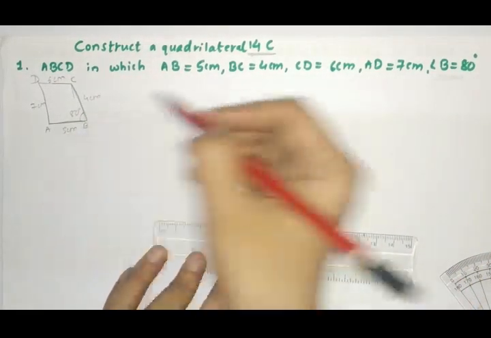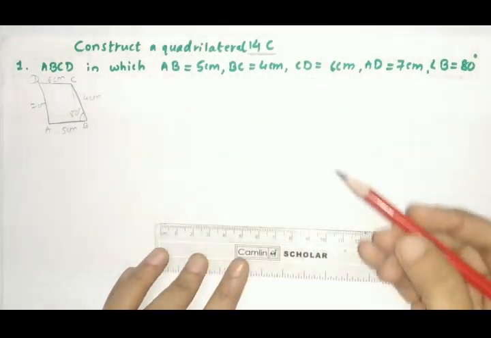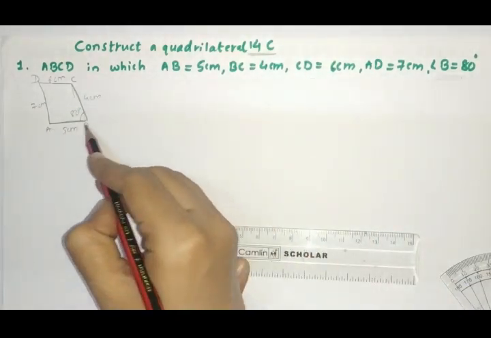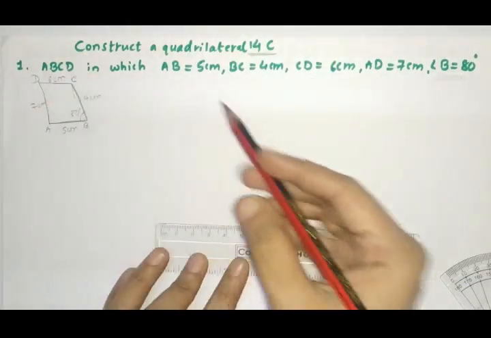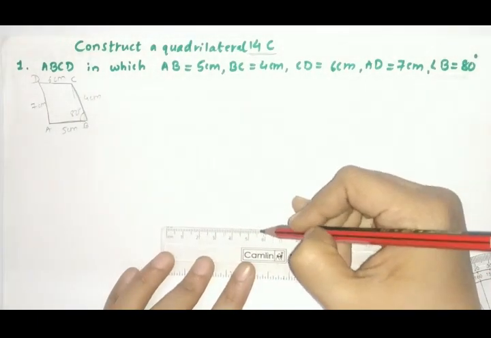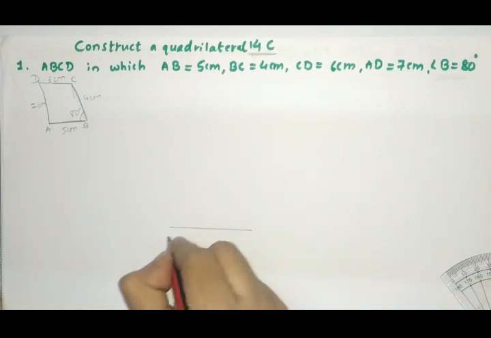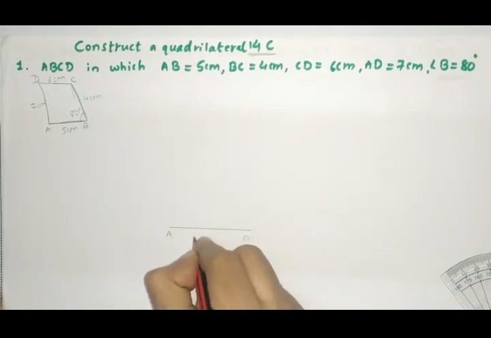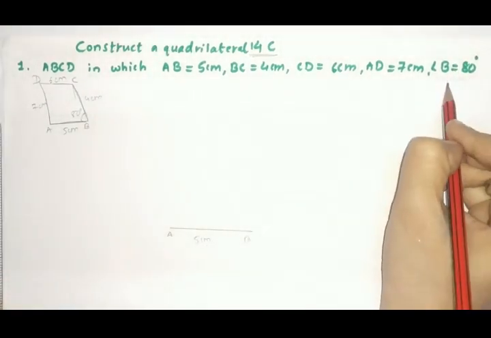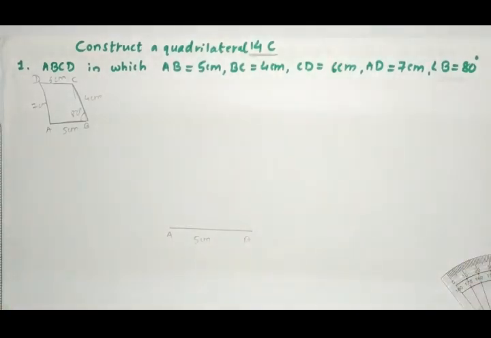According to the rough sketch we'll draw the fair diagram. So first of all construct AB. AB is 5 centimeter. You can go clockwise or anti-clockwise also. So we'll take AB 5 centimeter. And then the important thing is that at B the angle is 80 degree.